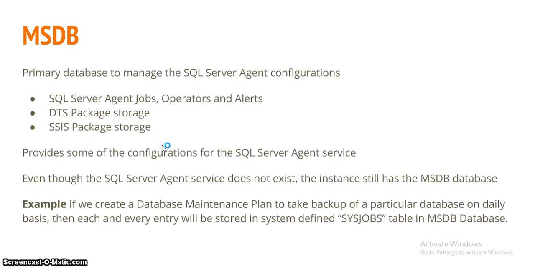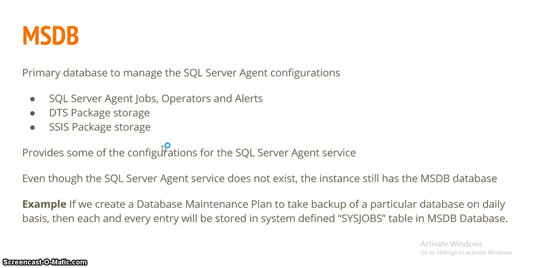And next one is msdb, the primary database to manage the SQL Server Agent configurations. The agent configurations are SQL Server Agent jobs, operators and alerts, DTS package storage and SSIS package storage. It provides some of the configurations for the SQL Server Agent service as well. Even if the SQL Server Agent service does not exist, the instance still has the msdb database.